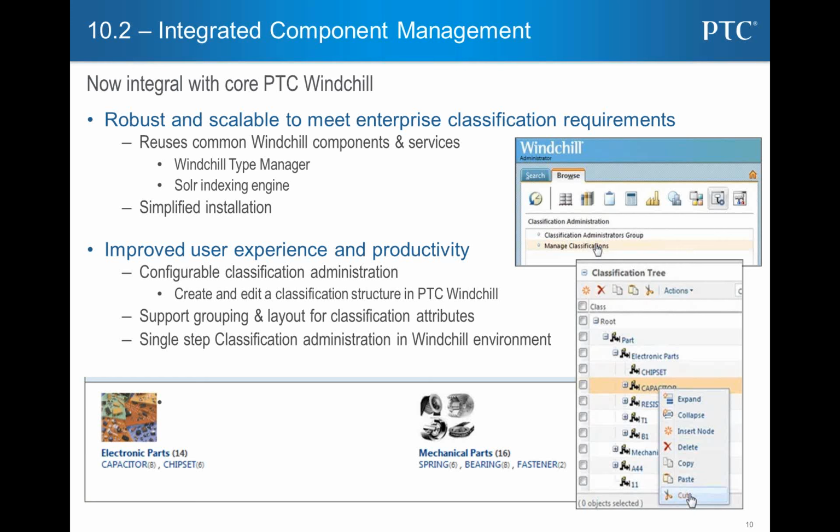When you have installed this option, your searches include the classification attributes. When you create classifications, they're created in a way that's familiar to you, very similar to the Windchill Type Manager kind of interface.